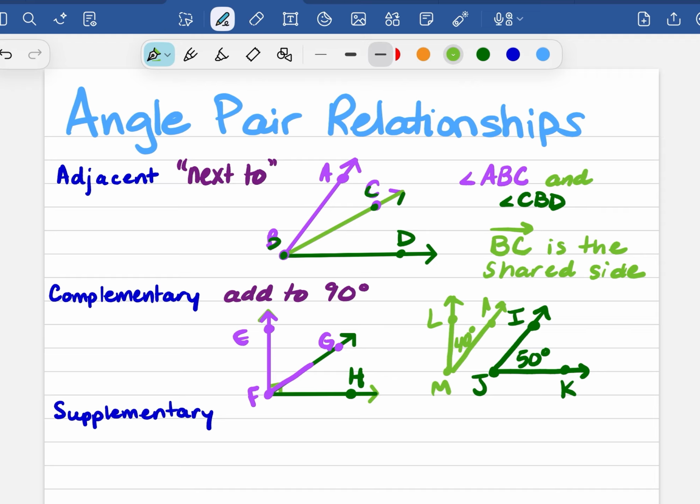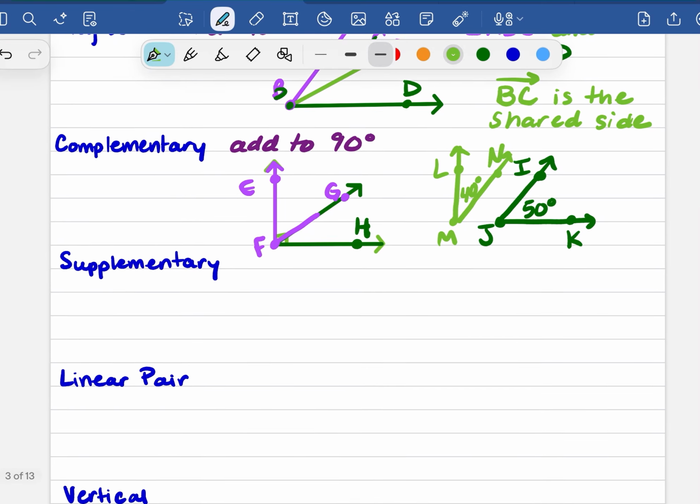Those are also complementary. 40 plus 50 is 90. Those two angles add up to 90 degrees together, so we call them complementary. So whether they're adjacent or not, angles are called complementary as long as they add to 90 degrees, whether that's 89 degrees and 1 degree, 88 and 2, 40 and 50, 30 and 60, and so on.